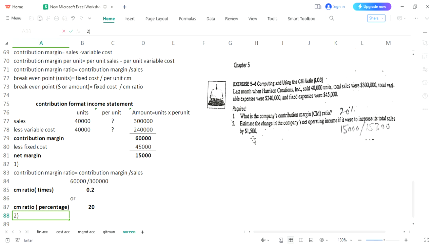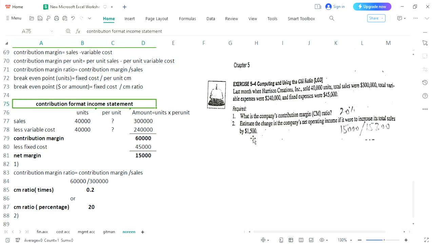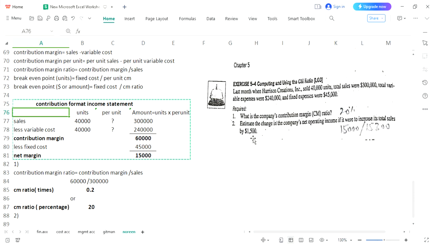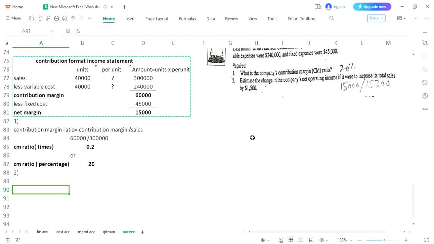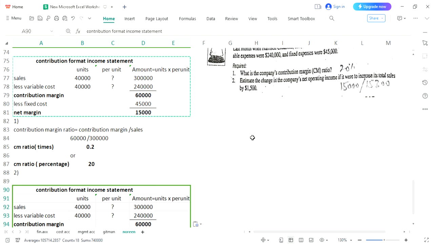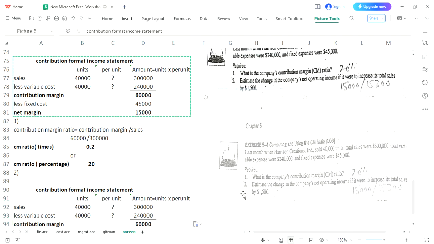What we will do is use the same headings which we had used to calculate our initial margin to calculate the modified income statement, and we will carry this question over here.